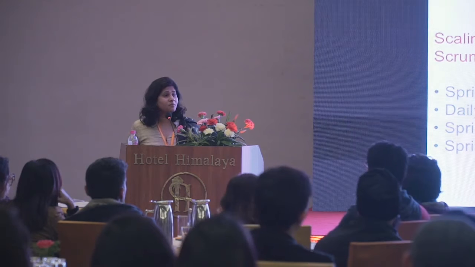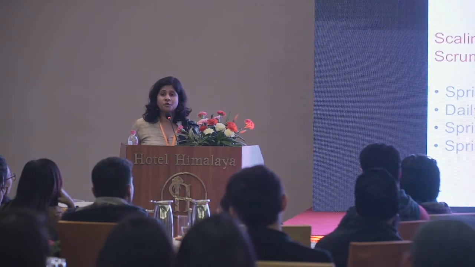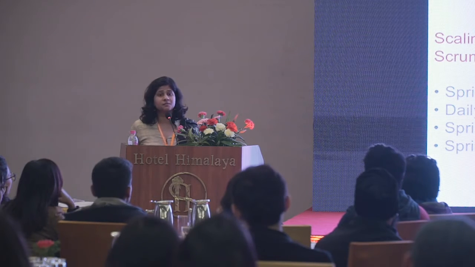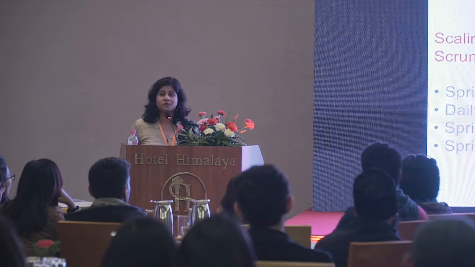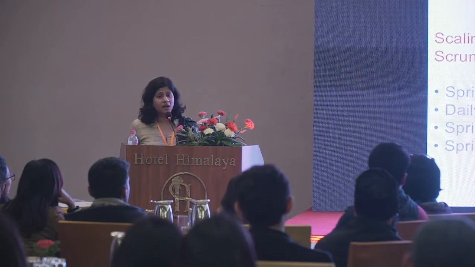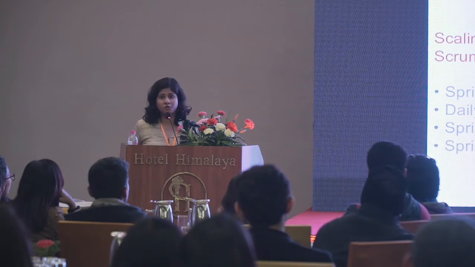Daily Scrum, up to 15 minutes. Sprint review, up to 4 hours for 1 month of the sprint. Sprint retrospective, up to 3 hours for 1 month of the sprint. However, as a practice, we say that a sprint can be from 1 week to 4 weeks.